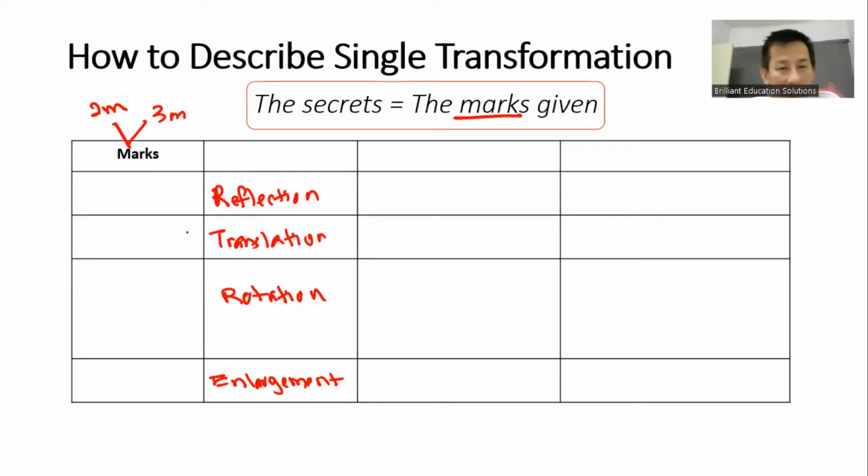Reflection and translation will give you 2 marks, and rotation and enlargement will give you 3 marks.